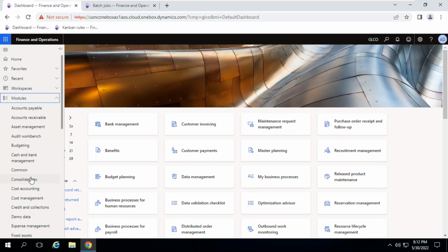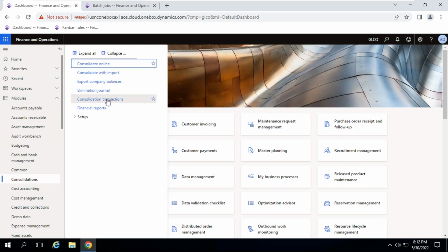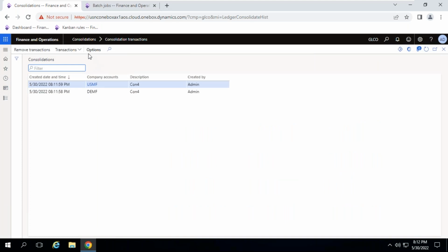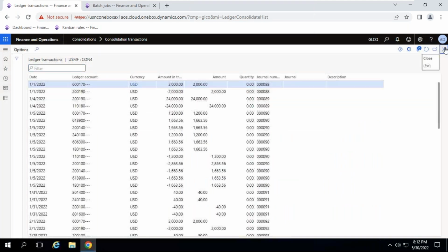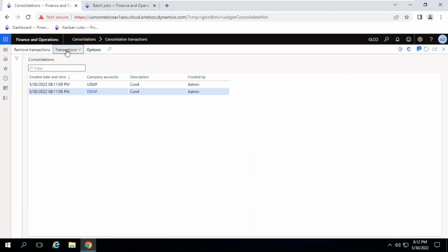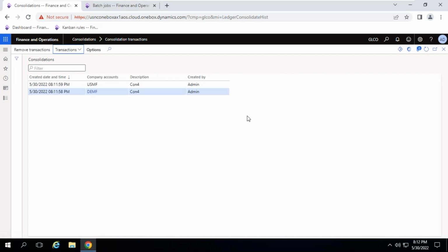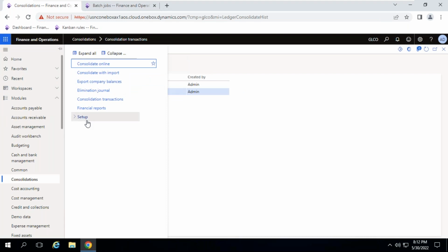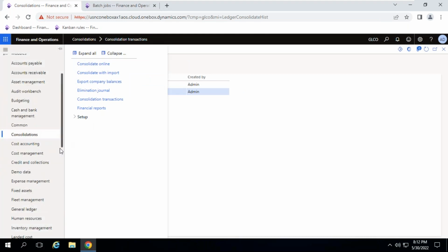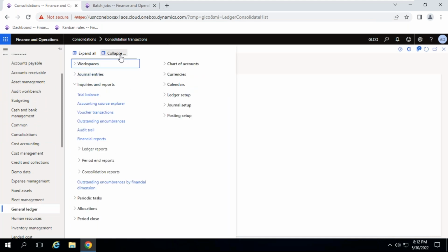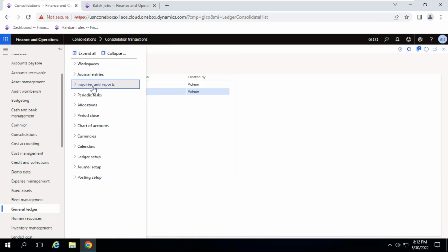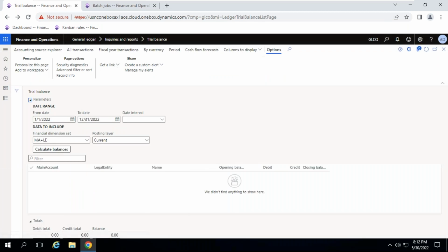Now let me go to consolidations, consolidation transactions. It will show you the transactions. In the DMF company we have posted 1 or 2 transactions only, not more than that. Now if you go to trial balance, general ledger, collapse all, inquiries and reports, trial balance.